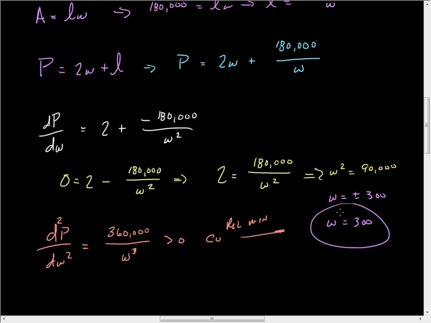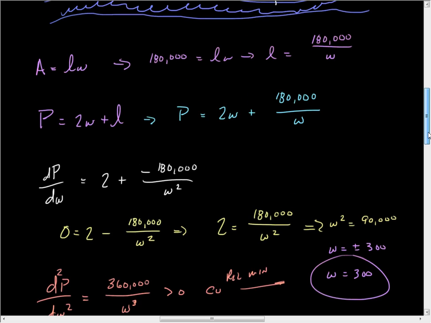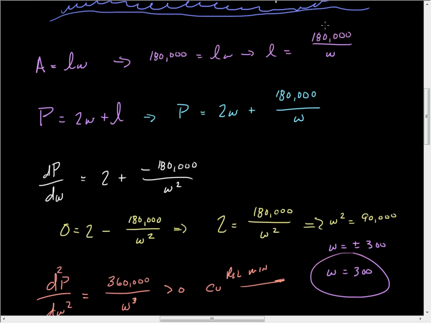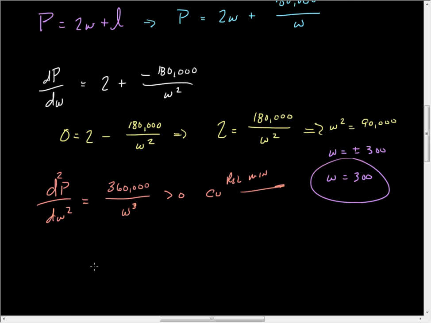So now we've got the minimum width, and so now let's take a look at the length. What do we need for that? Well, in order to do that, we just take 180,000 and divide that by 300. Okay, so we got L is equal to 180,000 divided by W, which is 180,000 divided by 300, which is equal to 600.